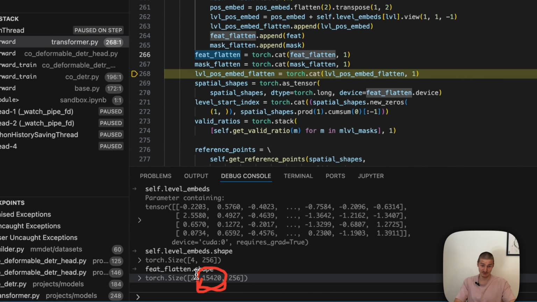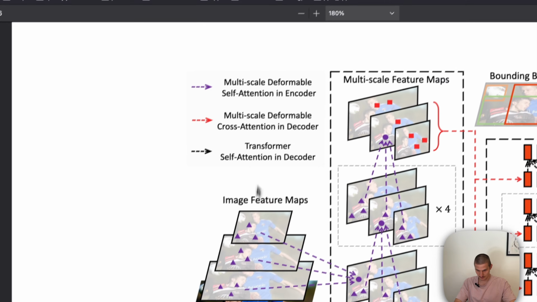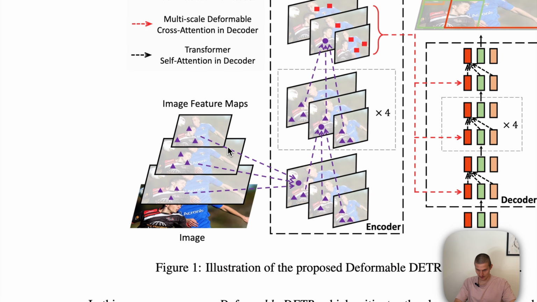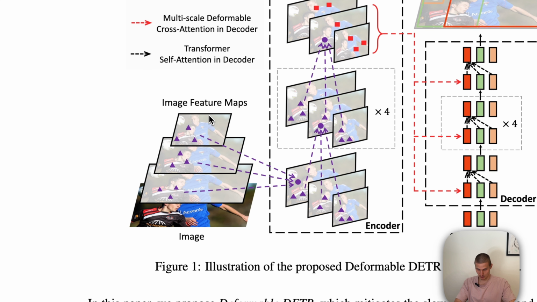Next, we have these valid ratios and reference points. So let me quickly explain how deformable attention works. Basically, to compute normal attention, we take some sort of input, which is an image, a feature map, and then compute all the pairwise interactions between the pixels, where each interaction, like we have the embedding of one pixel and the embedding of another pixel, we compute the dot product, which is just one number that corresponds to the attention weight that we have to take this pixel with.